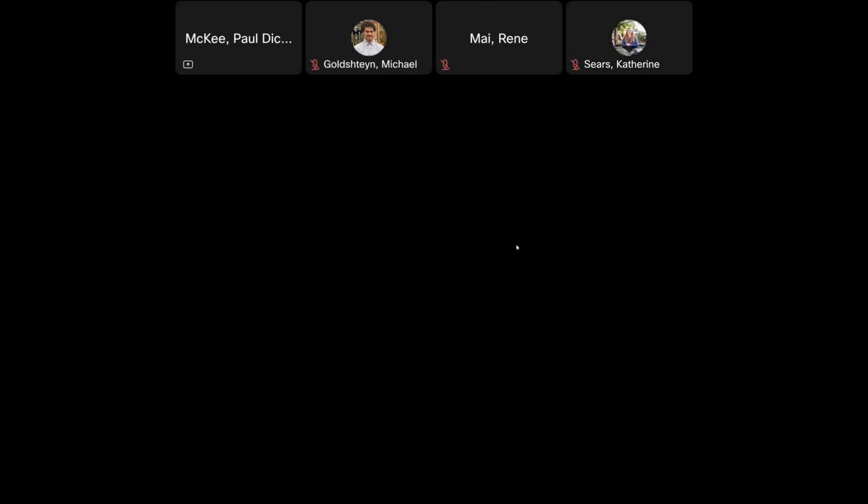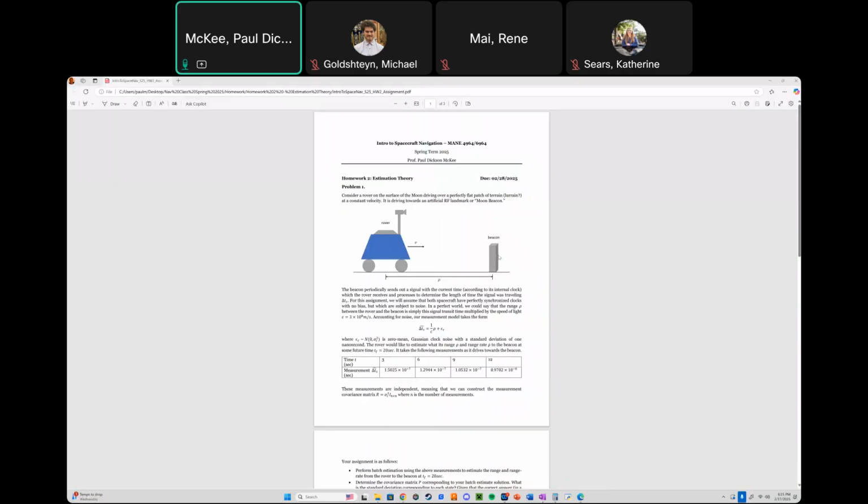If you'll permit me, I'm going to pull up homework 2. But the first problem is you have a rover that is driving towards a beacon, and the beacon is putting out some sort of information that you can use to estimate, in this case, range, right?